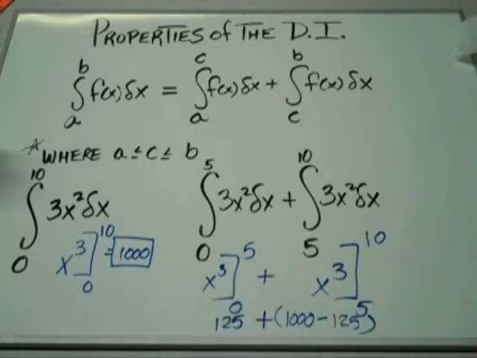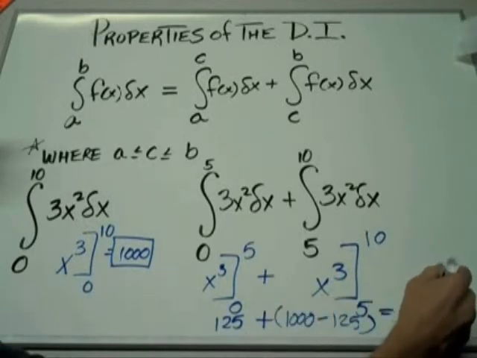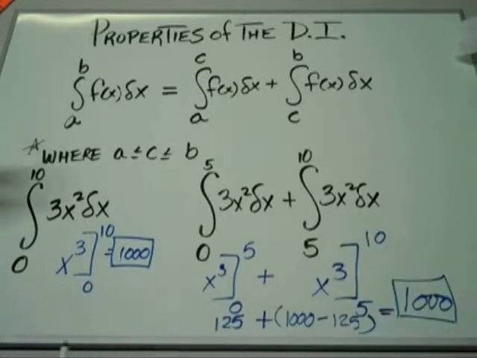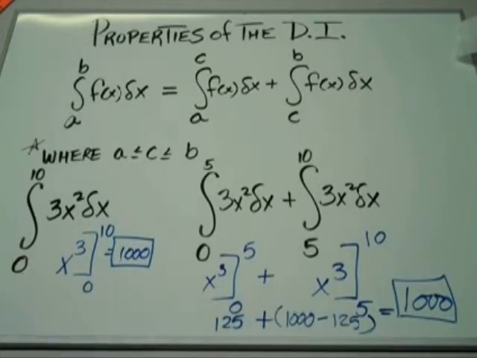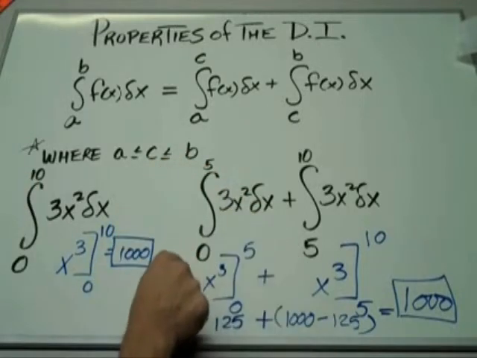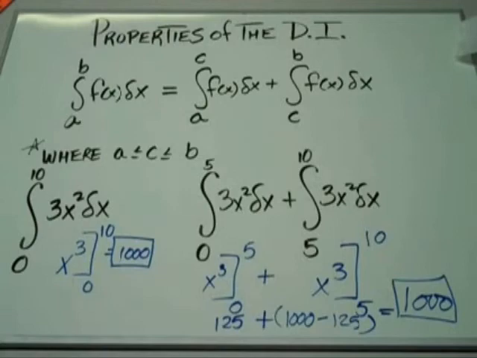So I can put that in parentheses there. And this works out to 125 minus 125 plus 1,000, which still gives me 1,000. So either way, I'm going to get my answer, 1,000 square units underneath this curve, if I integrate directly from 0 to 10, or if I split it up, provided 5 is between 0 and 10. Either way, it works out the same.